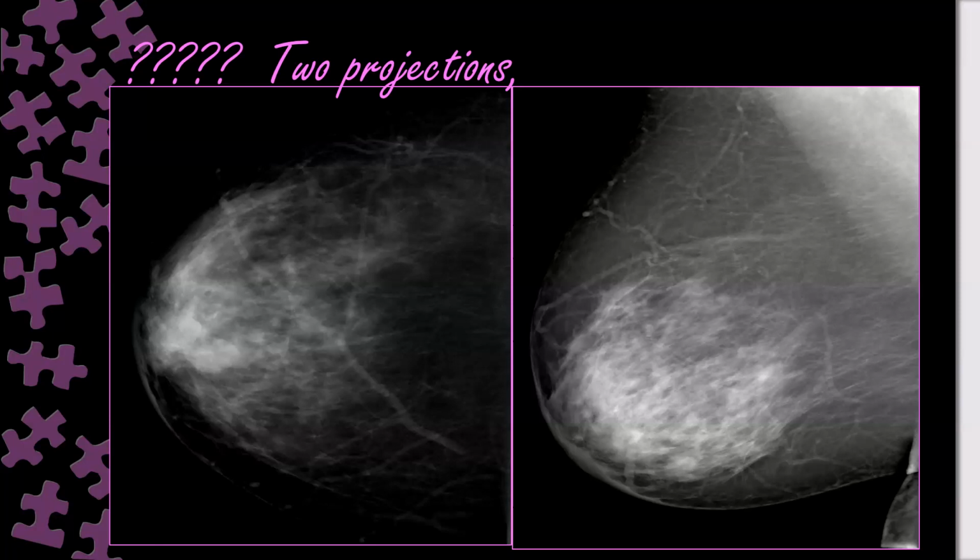Okay, excellent. So from this case, can you pick any reason for the need to have 2 projections? Can you see something in one view you could not see in the other view?